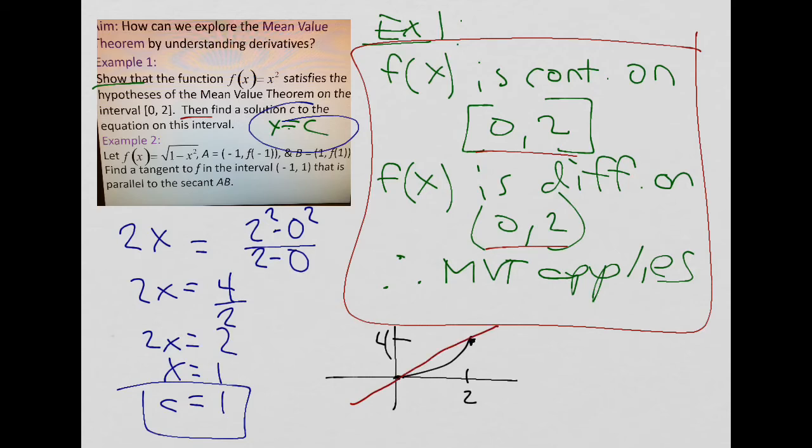We want to know where the slope is the same, and it's actually when x is equal to 1 that the slope is the same. I try to draw it in there very well. So they're going the same direction, same slope, and that's it. So we found that value of c.